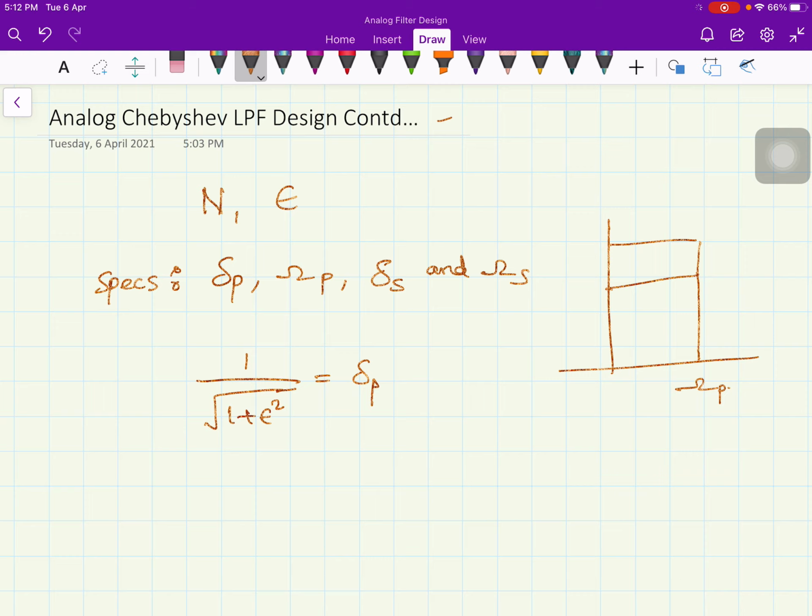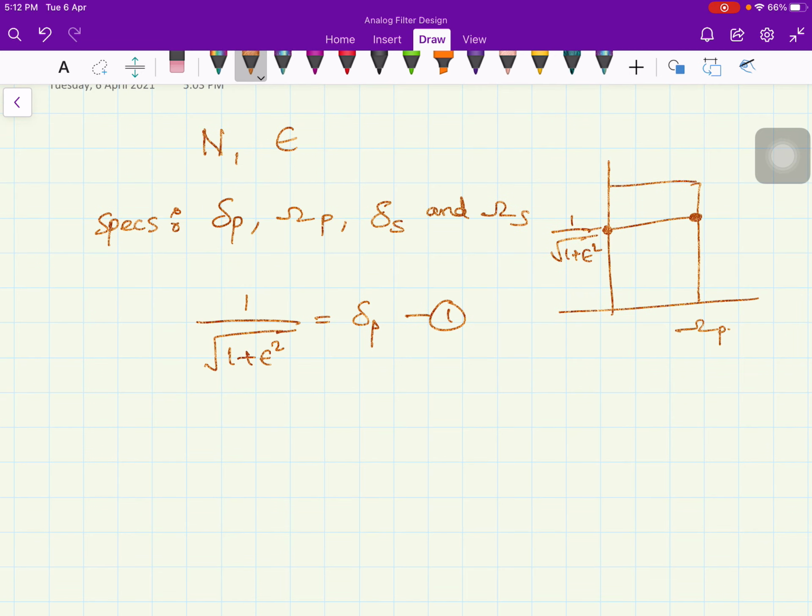This is the pass band frequency. So at the pass band frequency, the magnitude is 1 by square root of 1 plus epsilon squared. Let me call this equation number 1, and from equation 1, we will be able to find epsilon.